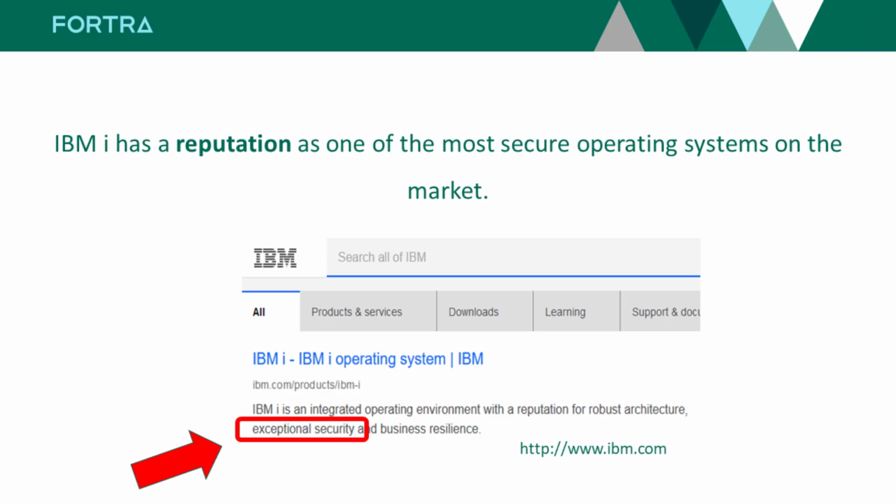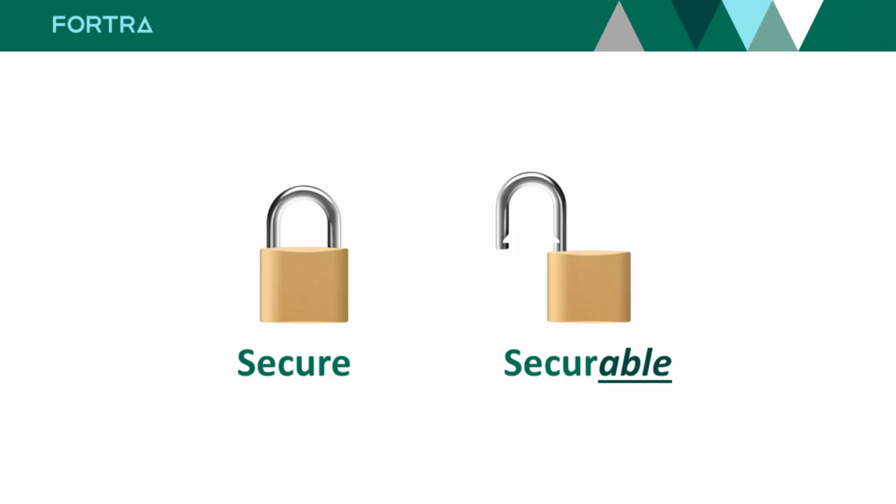One of the reasons that we do that is because IBM has actually told us that the system is secure. So on their own website, they've touted this. And while this reputation is not unearned, the concern here is that in and of itself, the system doesn't ship that way by default. So it's not so much that the IBM is a secure operating system, but it's more of a securable one.